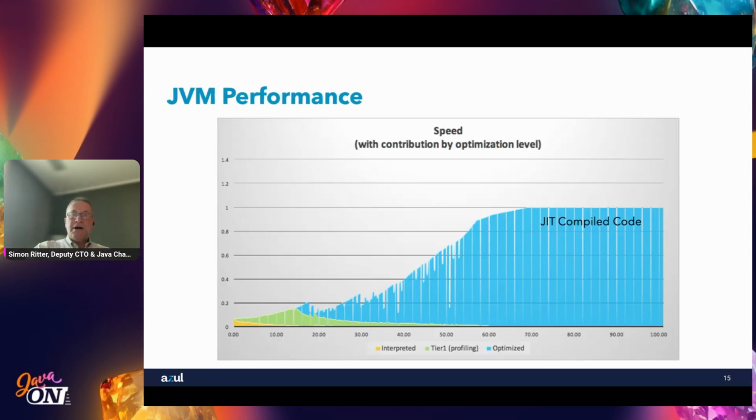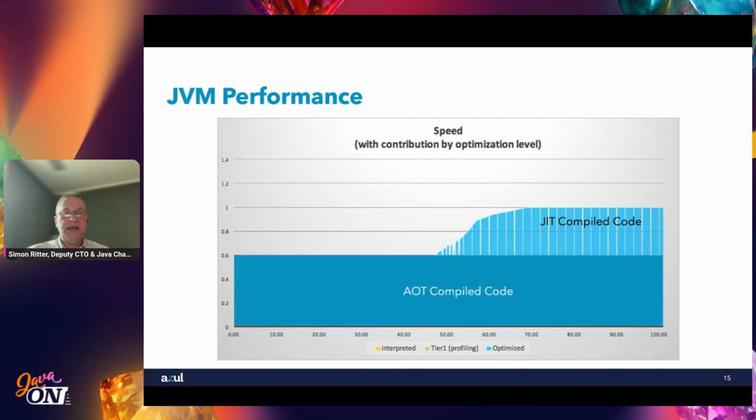So again, if we go back to our typical graph, with JIT compiled code we go through the warm-up, we see the performance gradually improve until we get our steady state. If we compare that to ahead of time natively generated code, what we're going to see is very fast startup, but at a slightly lower level.